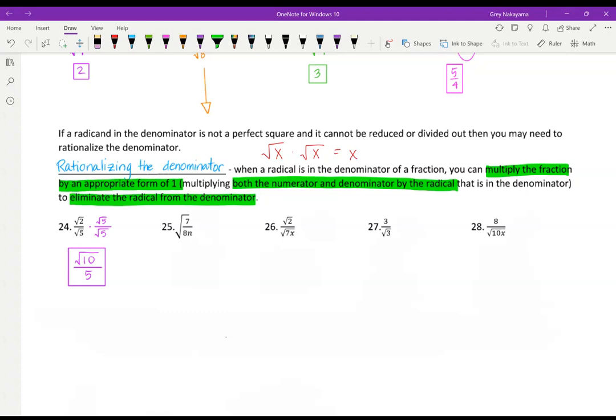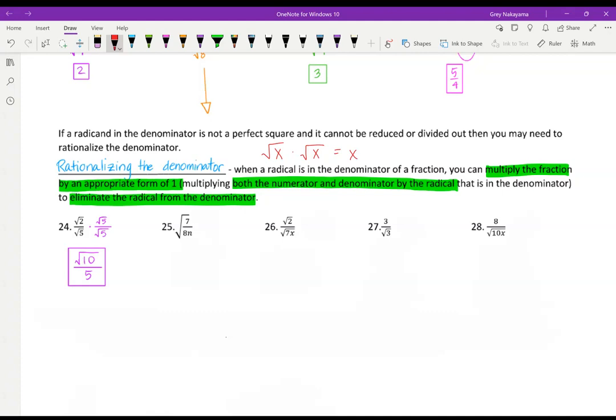So number 25. It's a little bit trickier, but it's kind of like number 21, the one I said we weren't going to do up top, because I have that 8 in the denominator. You can multiply by anything, but remember, we need 2 of everything to bring it out of the radical.